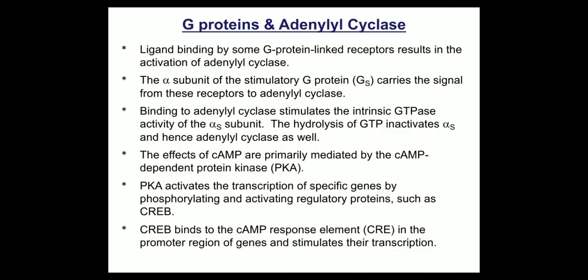Now let's move on. Now let's see the concept of G proteins and adenylyl cyclase. We'll discuss the detailed process here. Ligand binding by some G protein linked receptors results in the activation of adenylyl cyclase. The alpha subunit of the stimulatory G protein, Gs, carries the signal from this receptor to adenylyl cyclase.